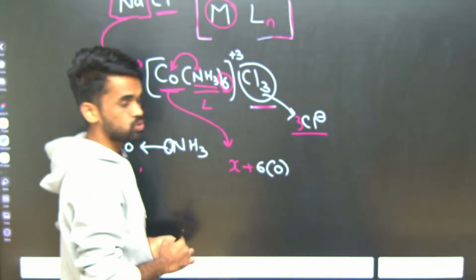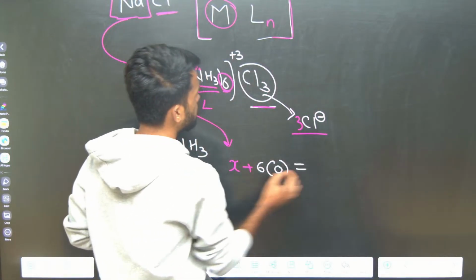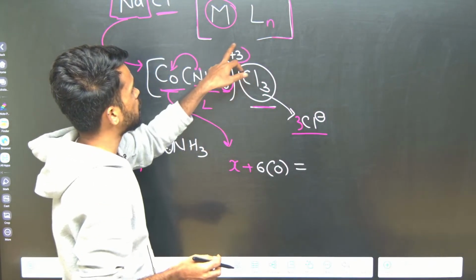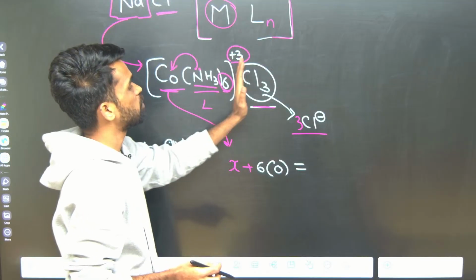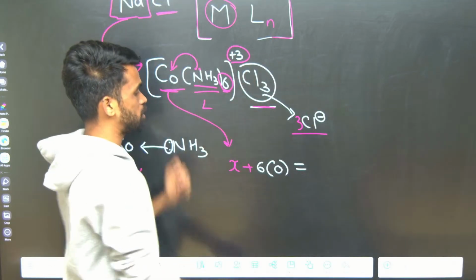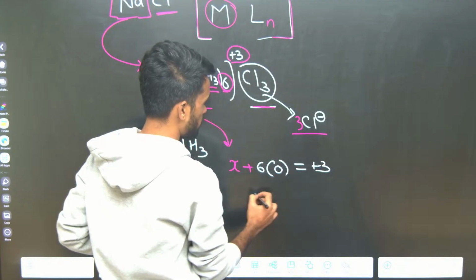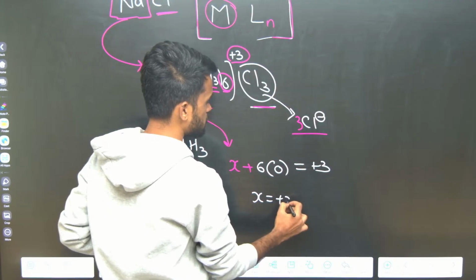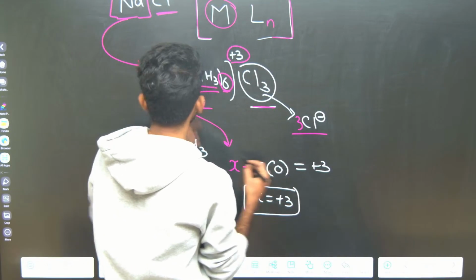Consider x is the oxidation state of cobalt, and there are 6 ammonia ligands, each neutral, so 6 into 0, equals, now what about the charge here? Plus 3. How does this plus 3 come? When we remove the 3 chloride ions, there will be a charge of plus 3. So the oxidation state of cobalt in this case is plus 3. That's it.